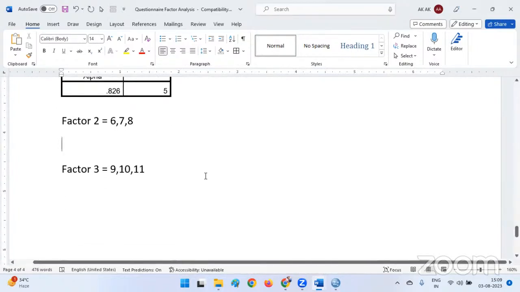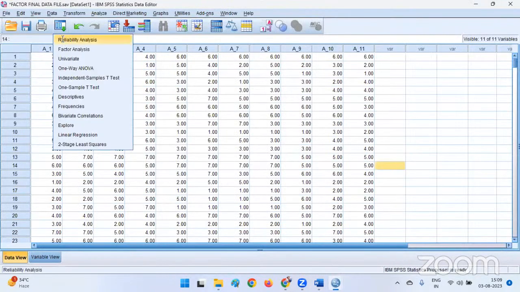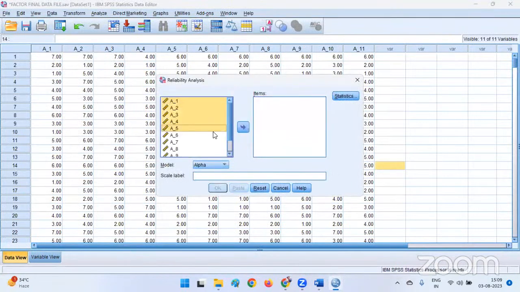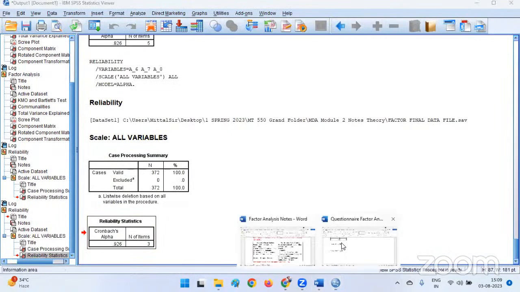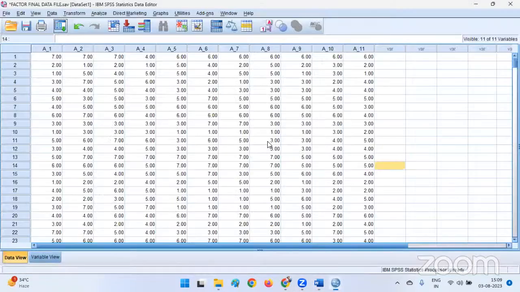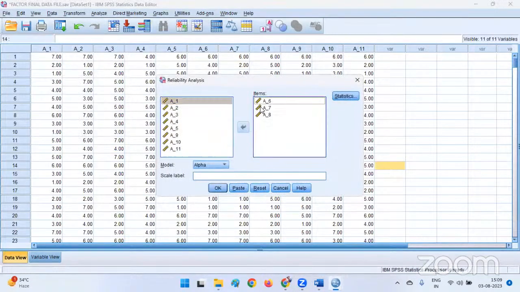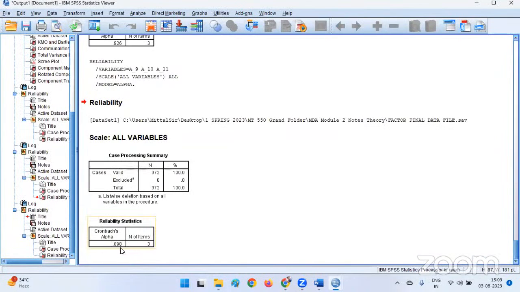Factor number 2, the second factor, 6, 7, and 8. I again go to SPSS. Okay. 0.926. All right. 9, 10, and 11. 0.898.